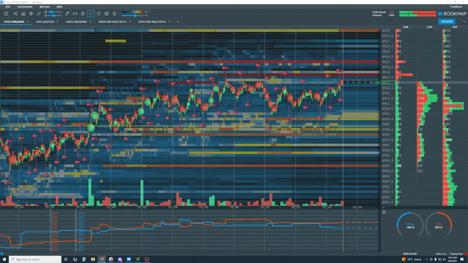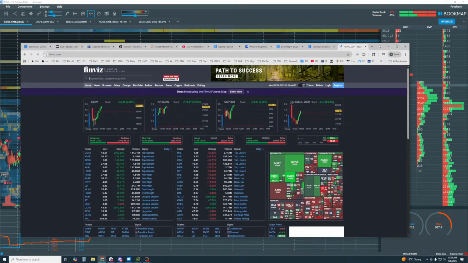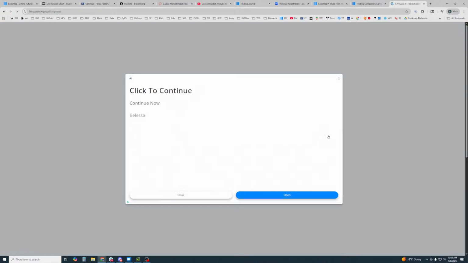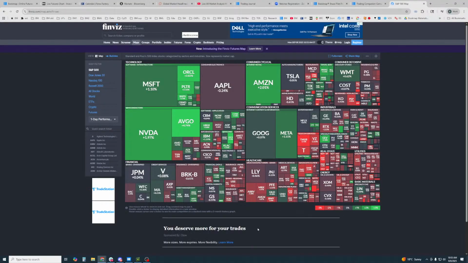It's just amazing how it dominates the market. I mean, look here. Here's a different kind of heat map chart from FinViz. That's pretty amazing.